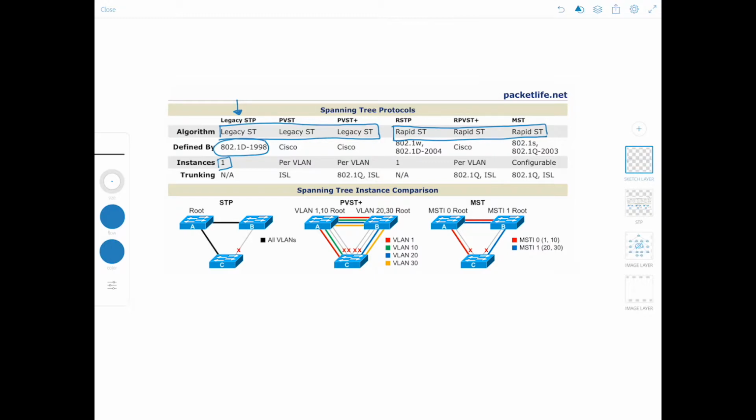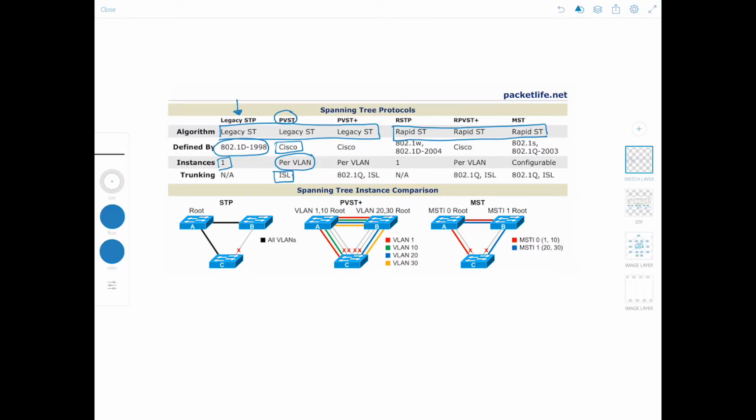So how this is different from the legacy spanning tree protocol is that this is a Cisco proprietary protocol, as you can see here, and it uses per VLAN instances and ISL encapsulation. This is a Cisco specific encapsulation that is really not in use anymore, but I won't get into the detail of that protocol right now.